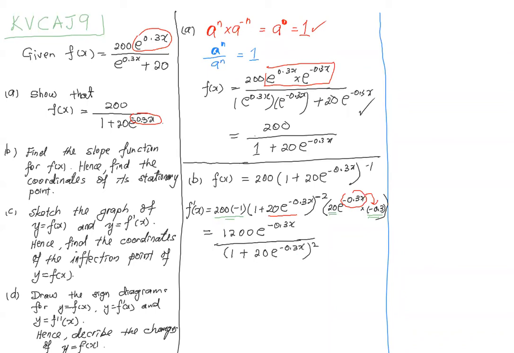Okay, and you know that to get the stationary point of any given function, this happens when f prime x is equal to 0. So you know this already, so you don't have to write. What you can do is when you do your working, you can just write there 1200 e to the power negative 0.3x equal to 0.